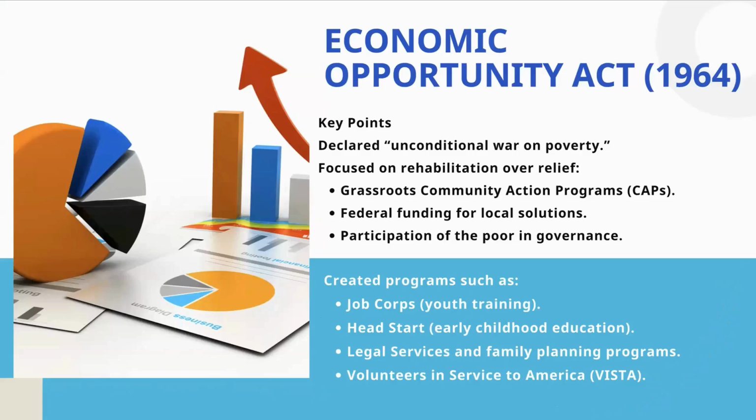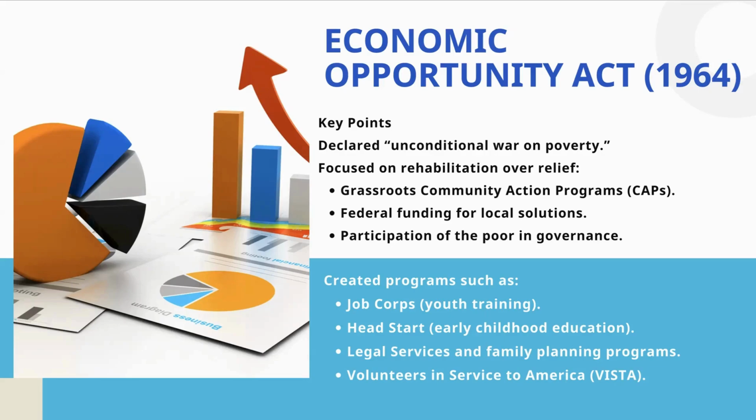The Economic Opportunity Act of 1964 is a good one to bring up right now. Johnson's Economic Opportunity Act declared a focus on rehabilitation over relief, which emphasized grassroots community action programs: federal funding for local solutions and the participation of the poor in governance.